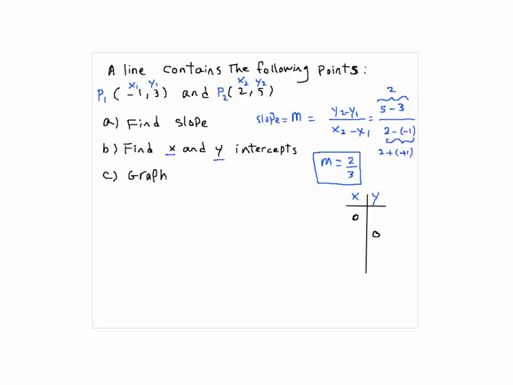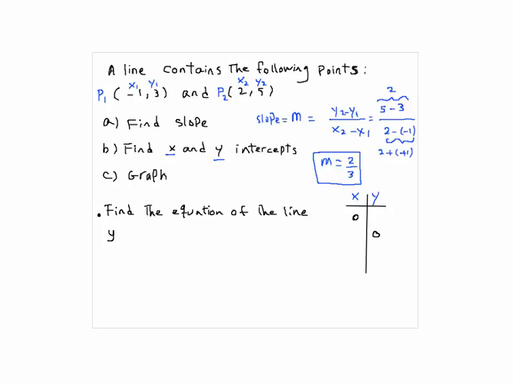In order to find the x and y intercepts, we need to find the equation of the line. How do you write the equation of the line, anyone? Is it y minus y1 equals m times x minus x1?